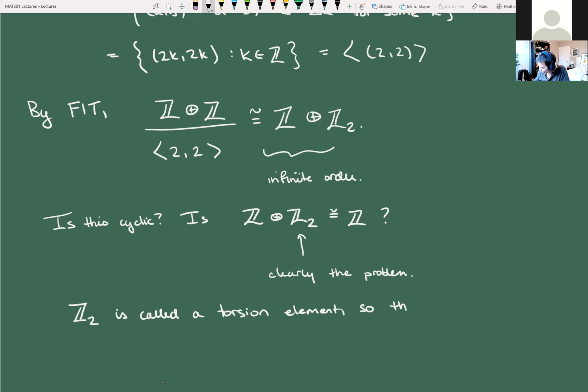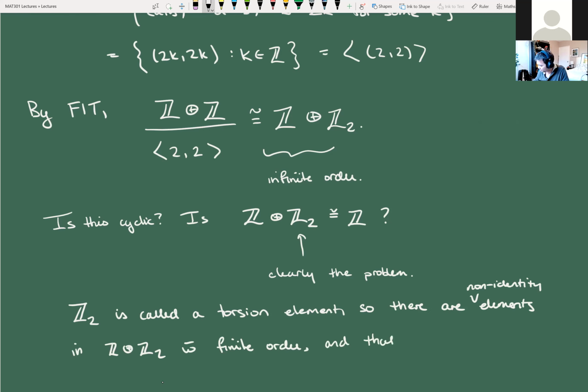So there are, let's say, non-identity elements in Z plus Z2 with finite order. And that's not possible in Z. Okay, so that's the idea there.